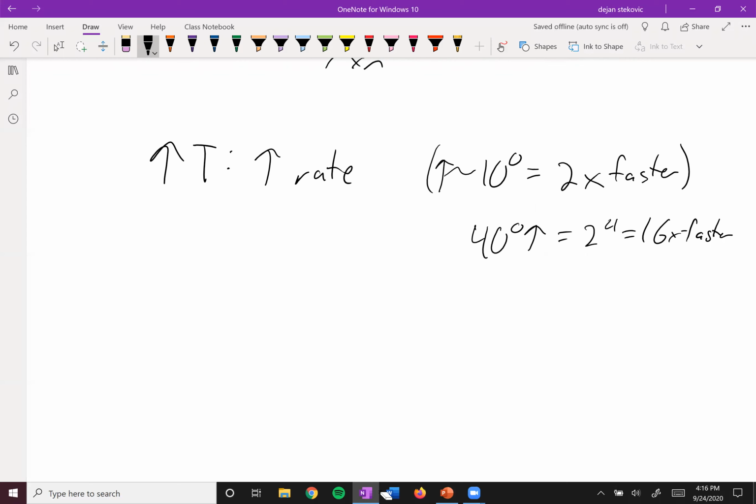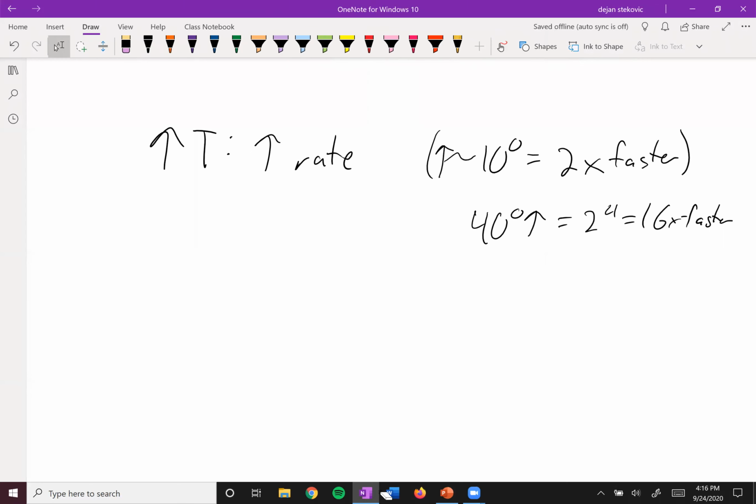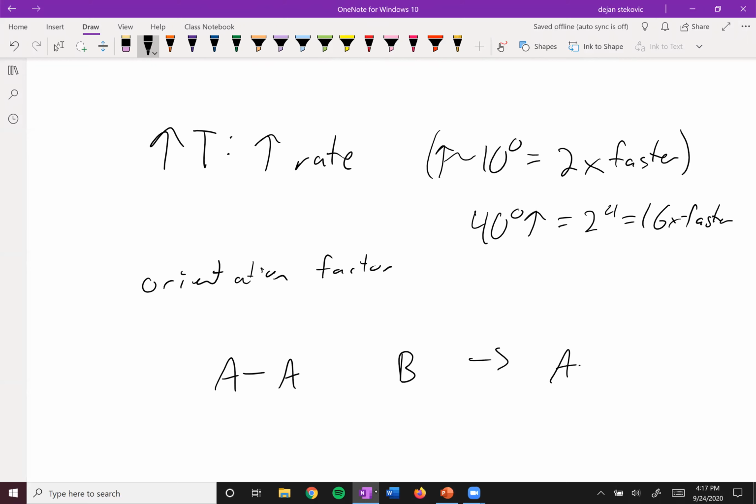There's also other things that influence the rate of a reaction, such as the orientation factor. Let's do a little example of it. This will play a pretty large role in organic chemistry. So for example, we have AA plus B to form AB plus A, right?